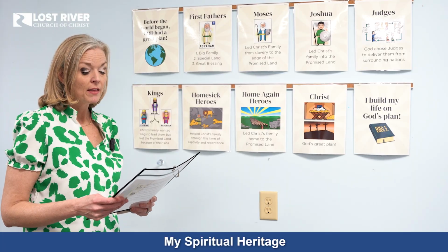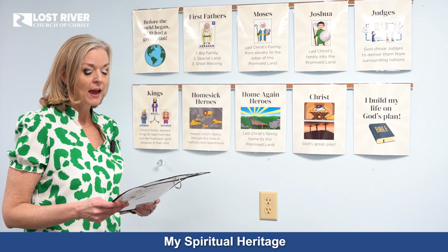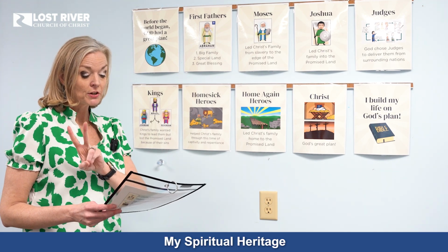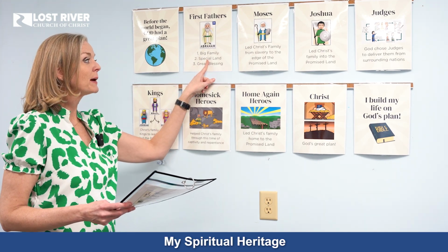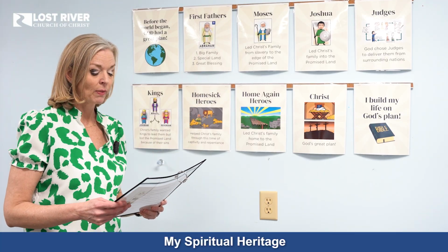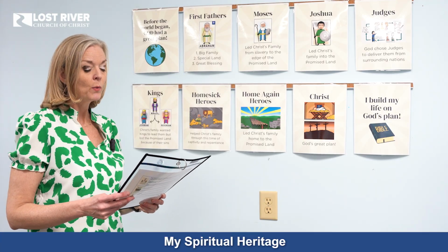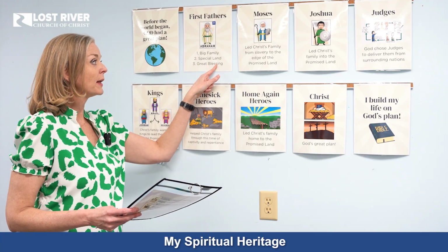He told them they would become a big family, number one, and a great nation. Number two, he promised them a special land to live in called the Promised Land. He promised them that from that family and from that land would come a great blessing.